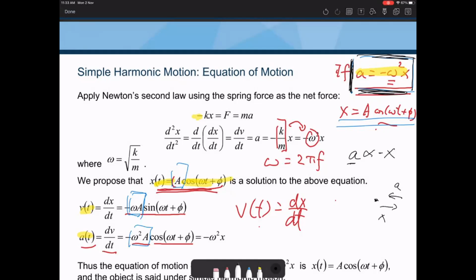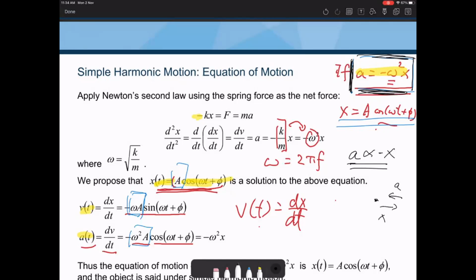Similarly, you have positive a when you have negative x. This again brings the object back to the equilibrium point. But because of the inertia, the object would overshoot the equilibrium and it keeps on oscillating. So this would be the defining equation, if you like, for simple harmonic motion.